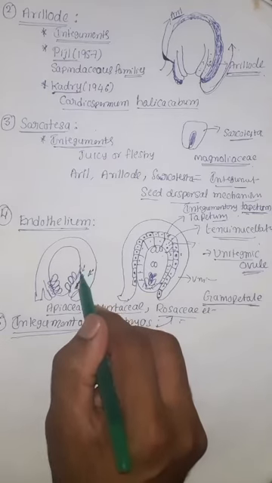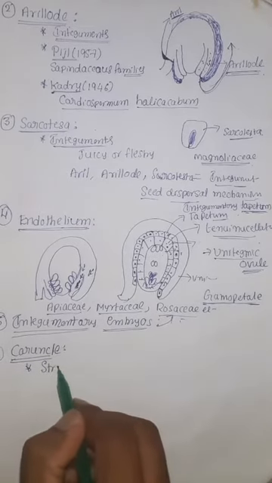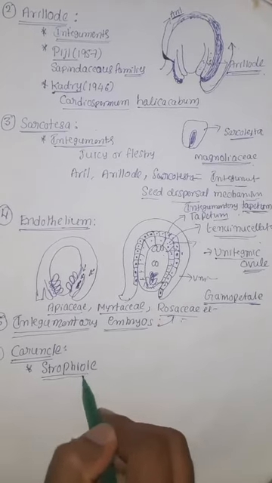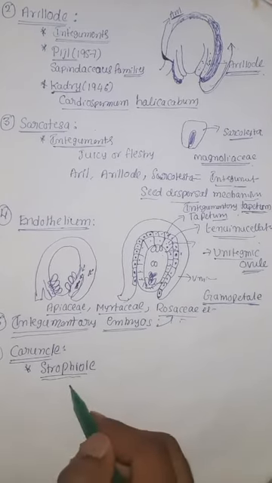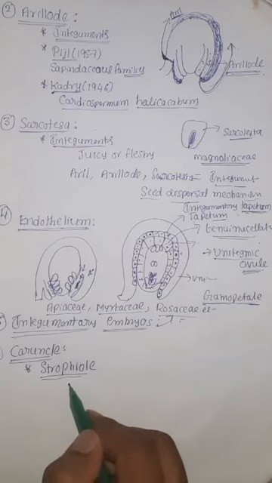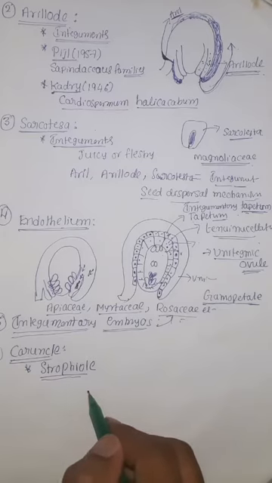Next, caruncle. It is otherwise known as strophiole, very important. The caruncle or strophiole is formed by the enlargement and proliferation of the cells of the outer integument.